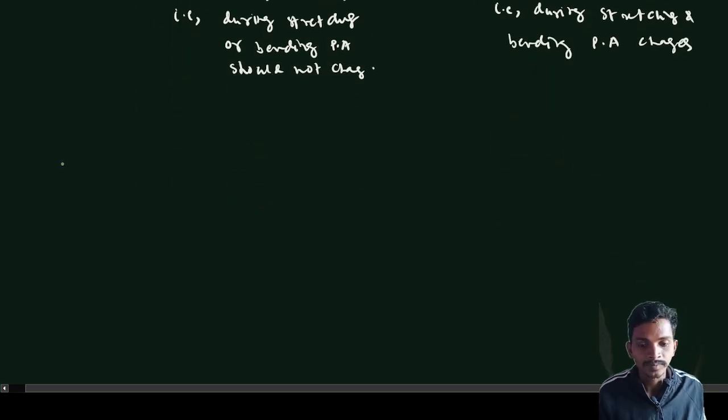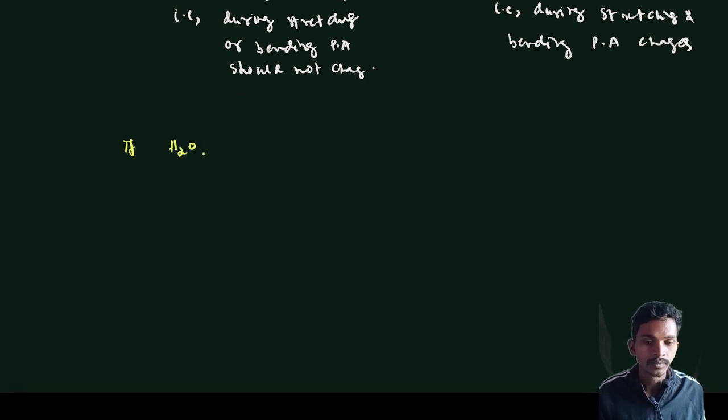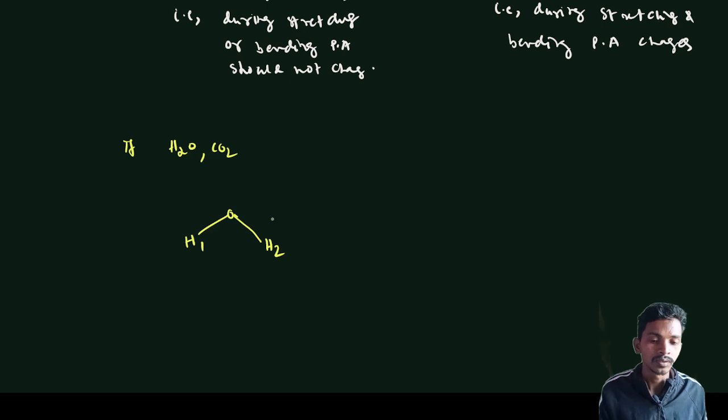Let's say I am taking H2O and CO2. H2O is this type of molecule, this is H1 and H2. Now whether I apply bending or stretching, let's say I do symmetric stretching.